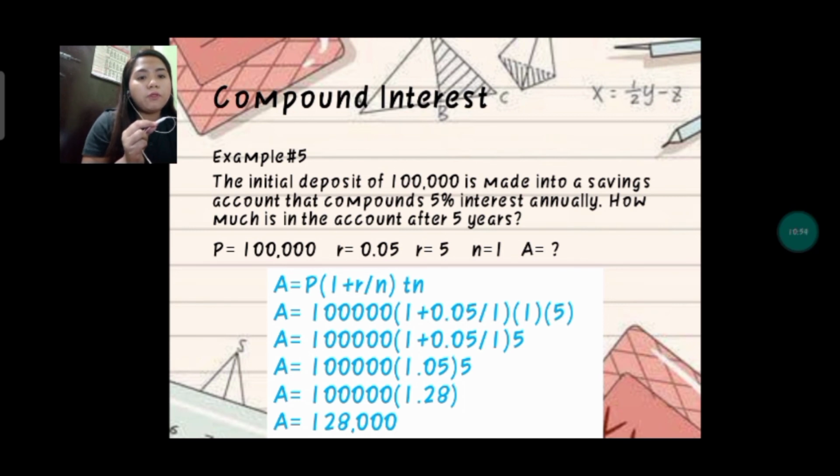So 0.05 divided by 1 is equal to 0.05, plus 1 equals 1.05. So 100,000 times 1.05 raised to the power of 5. So A is equal to 100,000 times 1.28, because 1.05 raised to the power of 5 is 1.28. 100,000 times 1.28 is equal to 128,000.